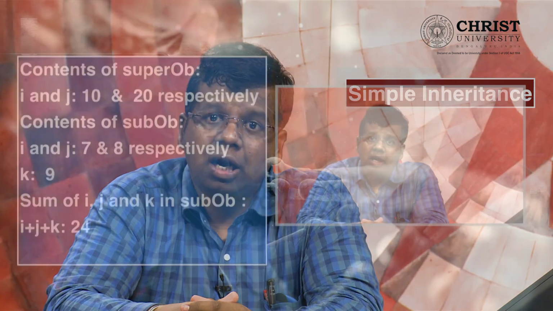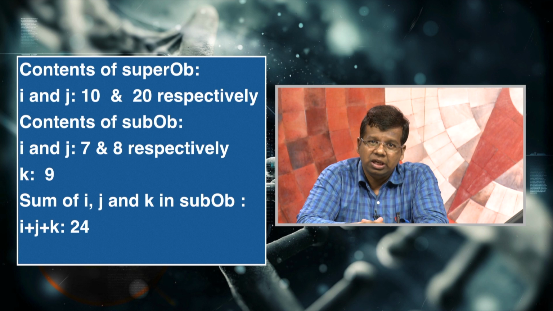When you compile and run the program, you will get the contents of the super object i and j as 10 and 20 respectively, the contents of the sub object i and j as 7 and 8 respectively, and k will be 9. So the sum of i, j and k in the sub object will be 24. As you can see, the subclass B includes all the members of the superclass A. This is why the subclass object subOb can access i and j and call the showij method.